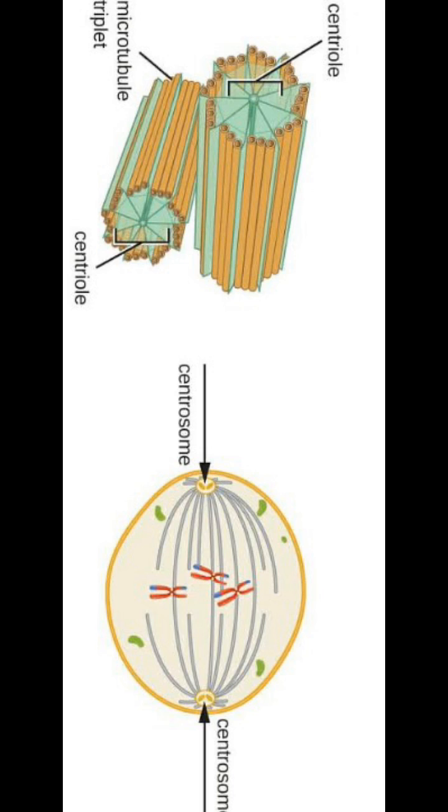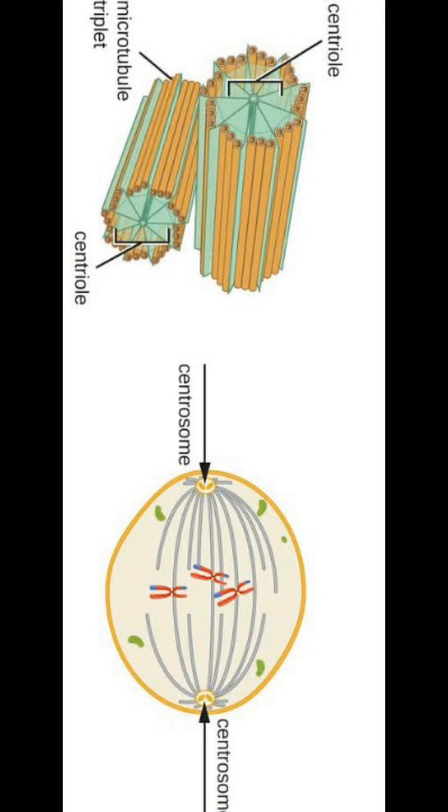Understood? Next, a very important function. The centrioles form the basal body of cilia and flagella. That is the formation of the basal part of the cilia and flagella. And one more important function, the centrioles give rise to spindle fibers that form the spindle apparatus during cell division in animal cells.